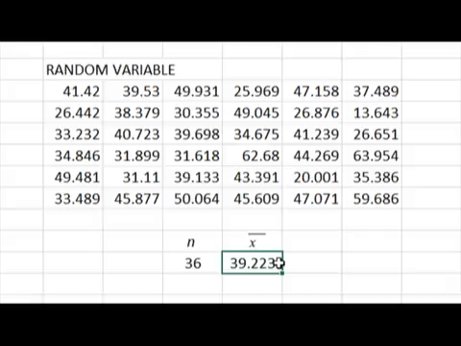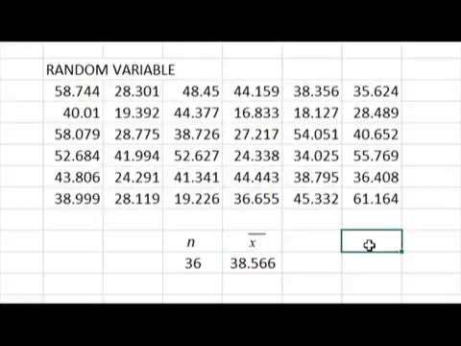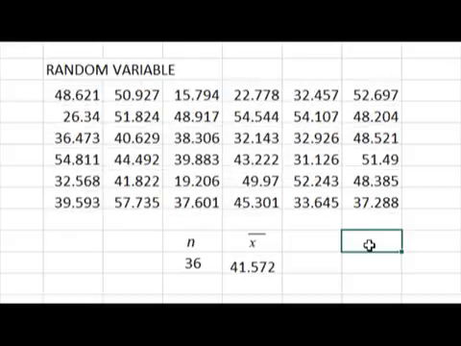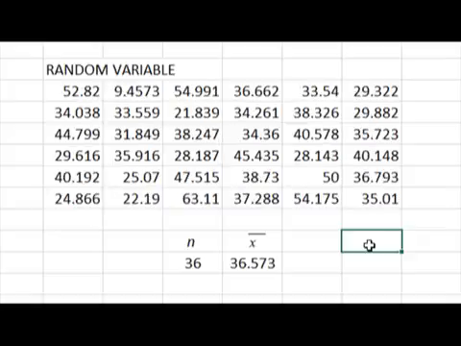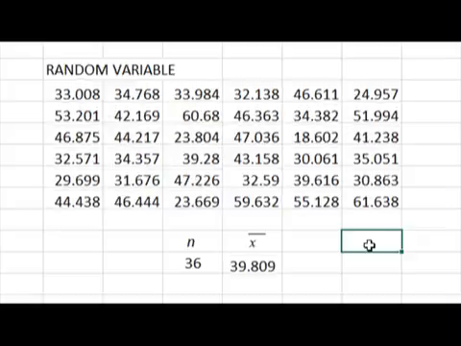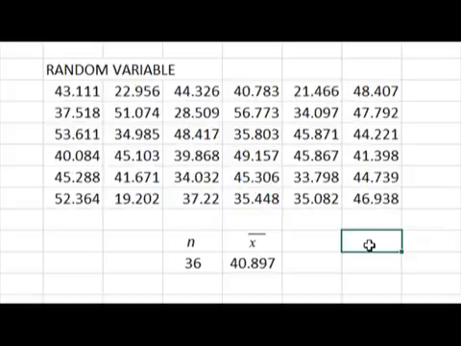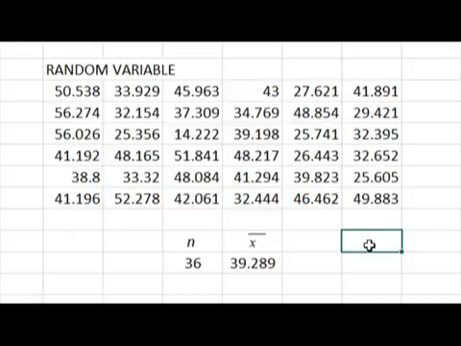So 68% of the time, these values of x bar are 40 plus or minus 1.67. That would be 38.33 up to 41.67. 95% of the time, those values of x bar should be within 2 standard deviations of x bar.